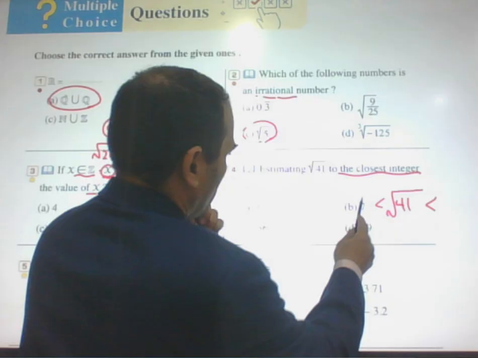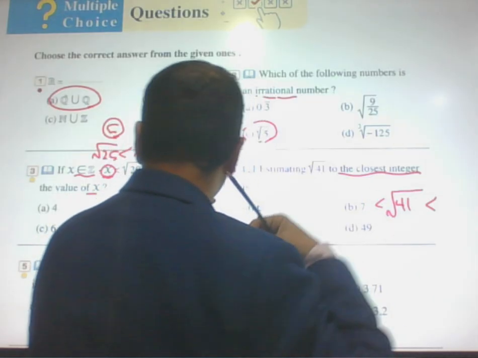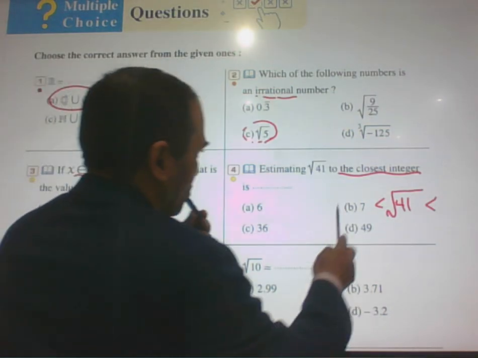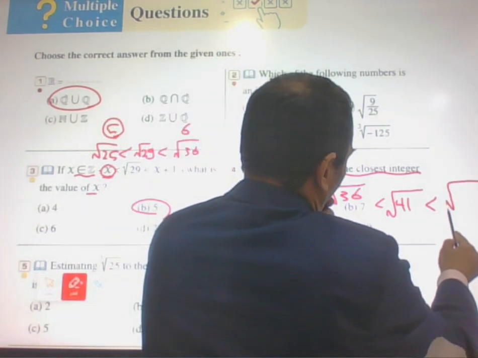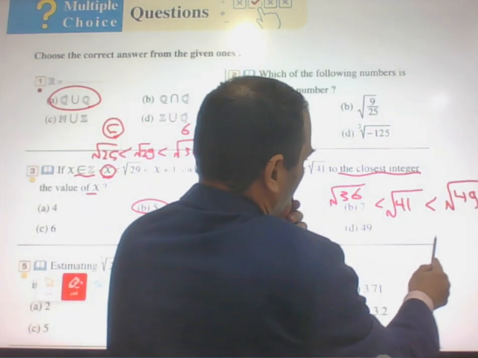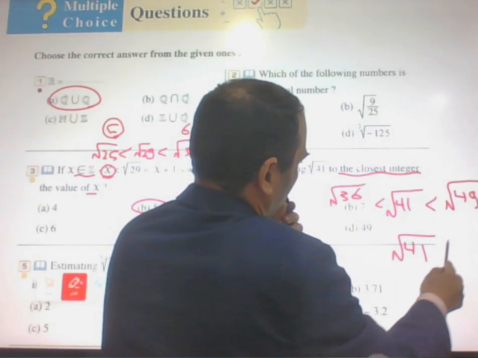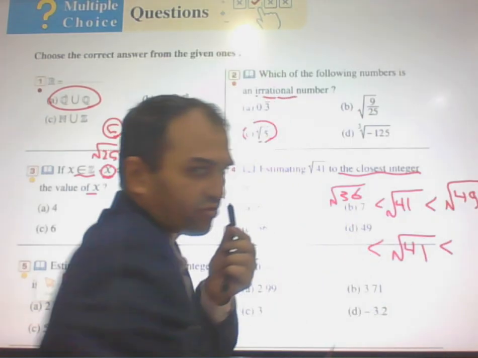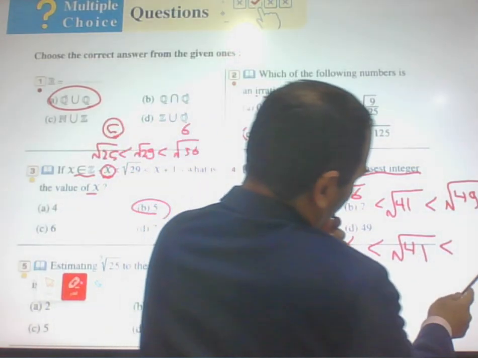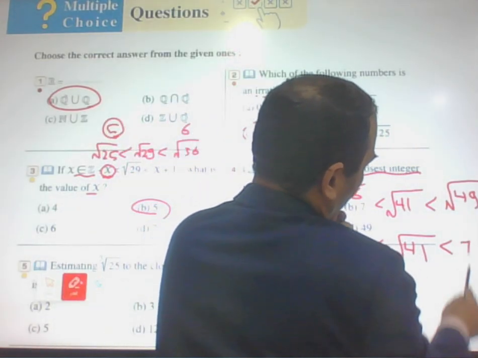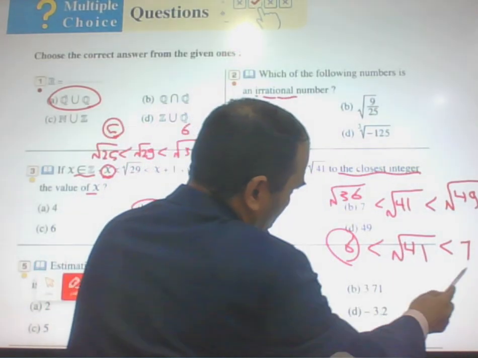Then square root of 41 is greater than square root of 36 and less than square root of 49. So square root of 41 lies between 6 and 7.